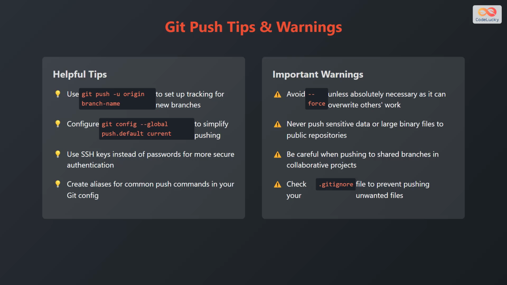Important warnings: avoid using force unless absolutely necessary, as it can overwrite others' work. Never push sensitive data or large binary files to public repositories. Be careful when pushing to shared branches in collaborative projects. Always check your .gitignore file to prevent pushing unwanted files.